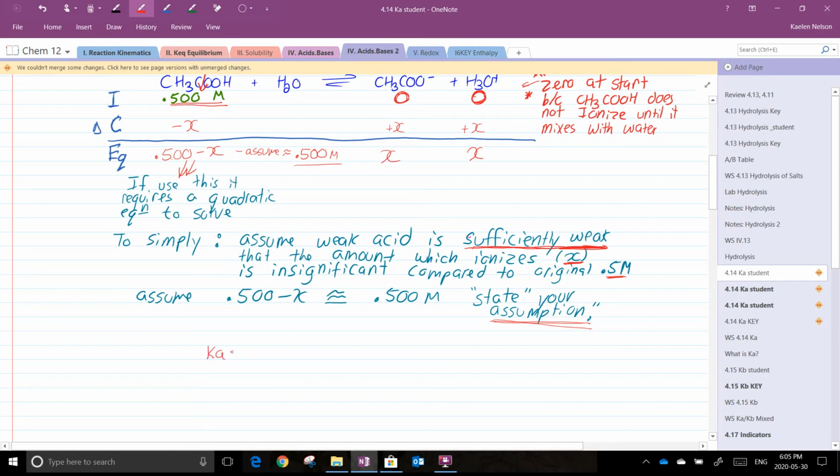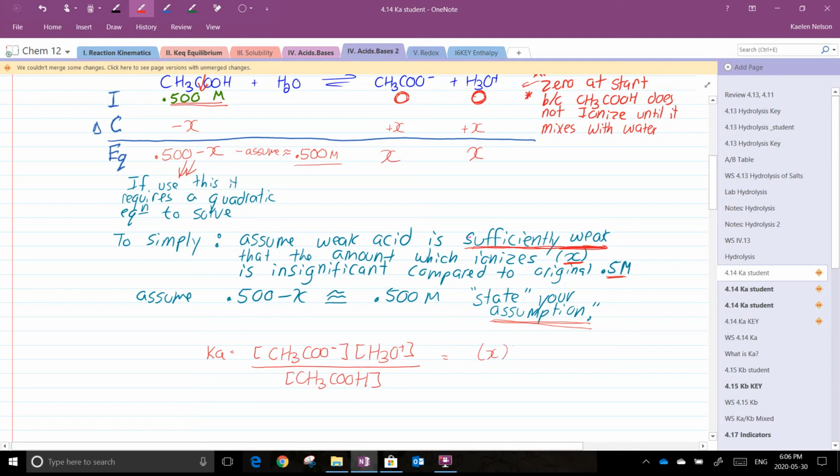Now I'm going to write my Ka expression for this specific problem, which will be CH3COO- times H3O+, that's my product side of my equation, over CH3COOH.